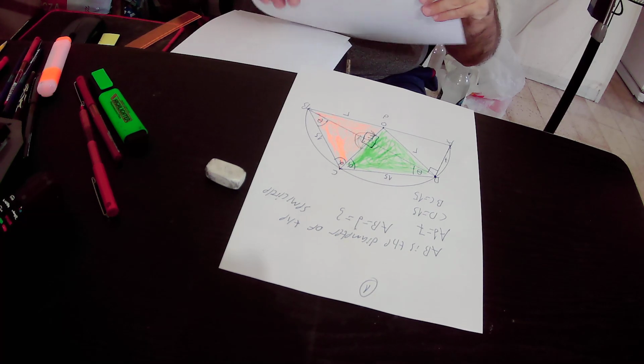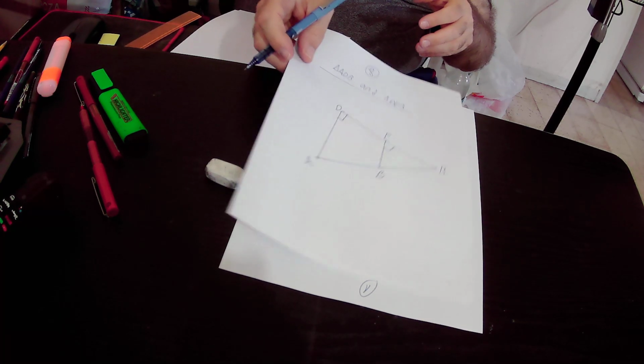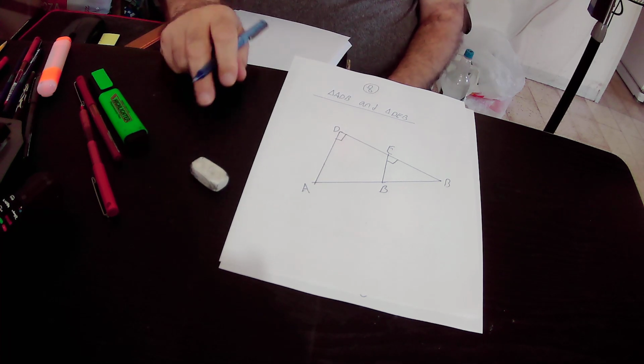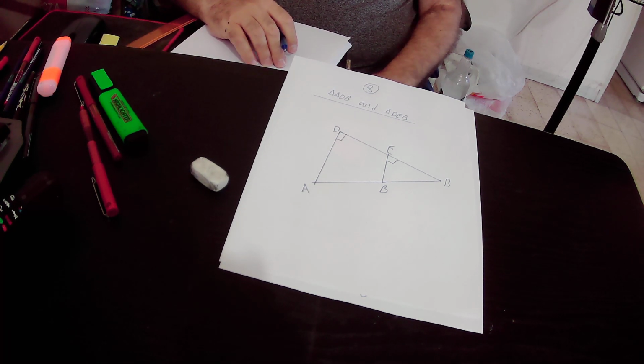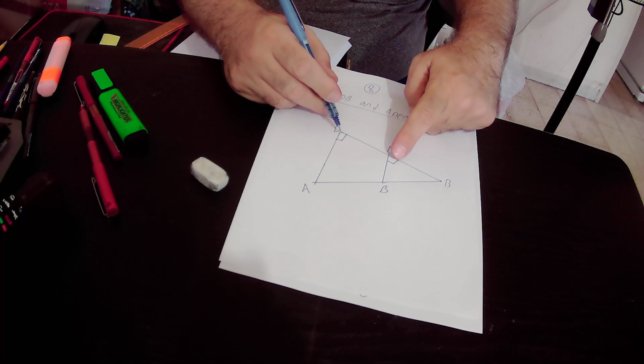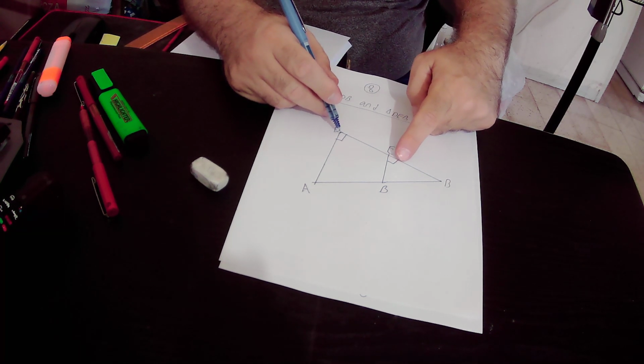So I draw again those 2 triangles. On those 2 triangles we have those 2 angles that are equal to each other. Both those 2 angles are equal to 90 degrees.